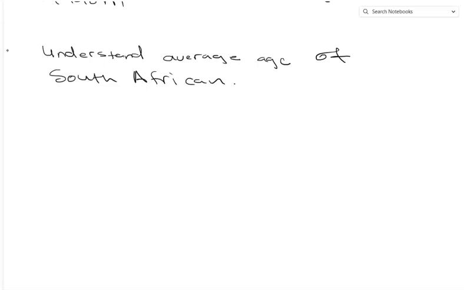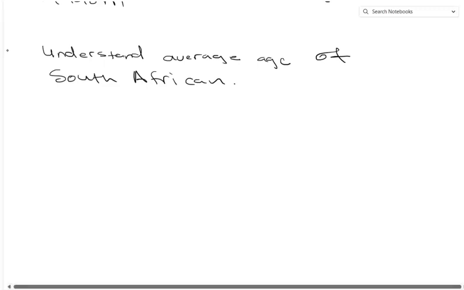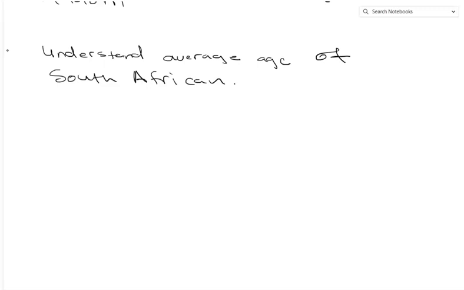In South Africa, we have 9 provinces. South Africa is huge. It has over 60 million people, right? I want you to understand the importance of sampling, right? Because for a school, yes, we can do the whole school and do the whole analysis of the whole school. But then, let's say we want to understand an average age of South African population.